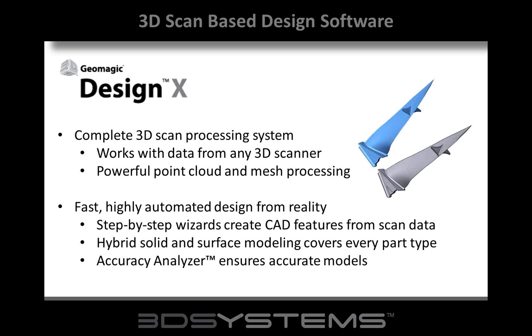And we have the accuracy analyzer, which ensures the accurate models. So this accuracy analyzer is basically mapping the part with a color map of the deviation between the reverse modeled part and scan, or checking various properties of the part.